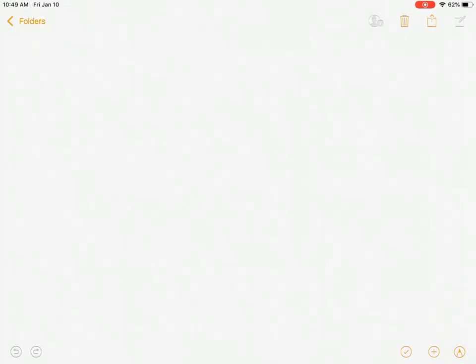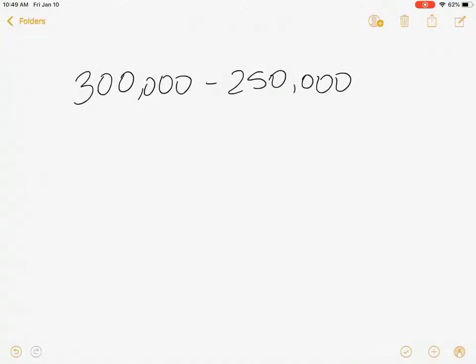So we would want to calculate the budget variance from one year to the next. What you do is you take your new number, which is 300,000, and then you subtract your old number, which was $250,000, and we're going to divide that by our original number of 250,000. That was our FY19 number.